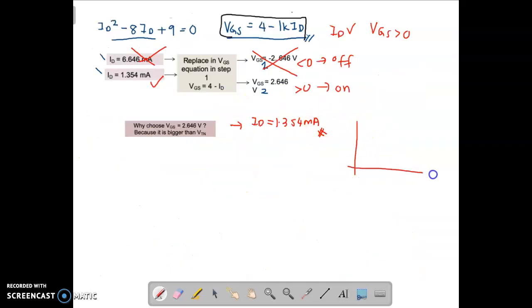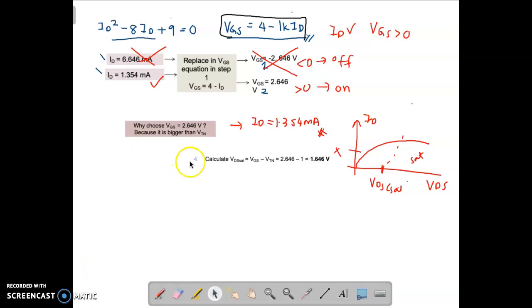So remember the IV characteristics. Here, this is your ID, this is your VDS. What is the boundary point from the triode? This is triode and this is saturation. The boundary point here we call VDS set. So the next step is to find VDS saturation.